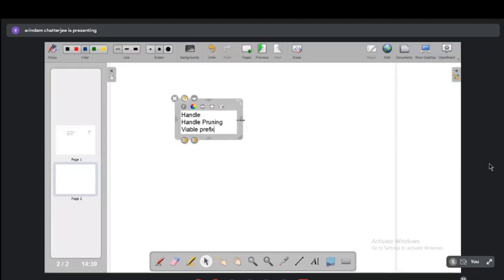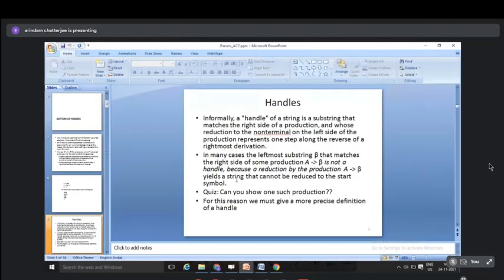These three terms are very important in the case of a bottom-up parser. We need to understand how you choose the substring to be selected as a candidate for reduction in bottom-up parsers. So please be careful.